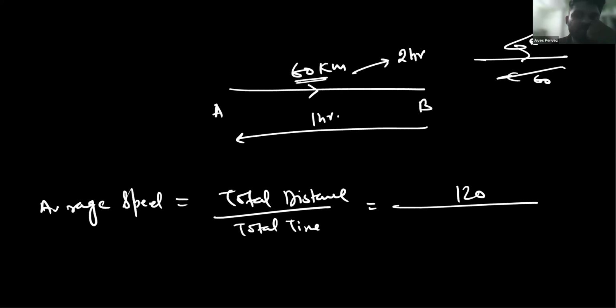Total time is 2 hours for going and 1 hour for coming, that is 3. So 120 divided by 3 will be 40 kilometers per hour, which is its average speed.